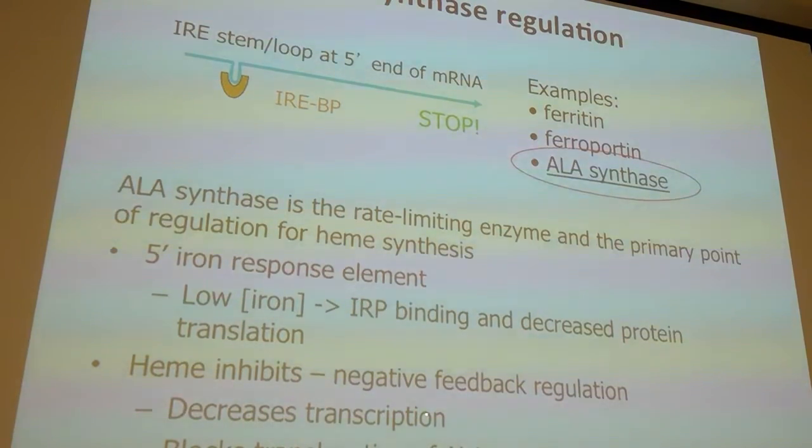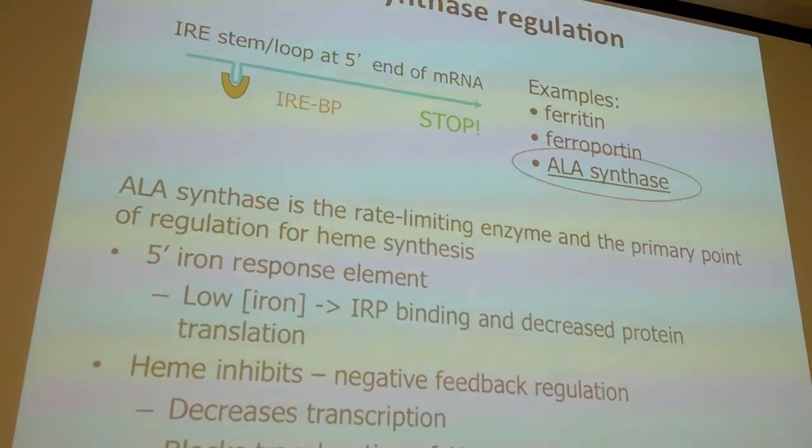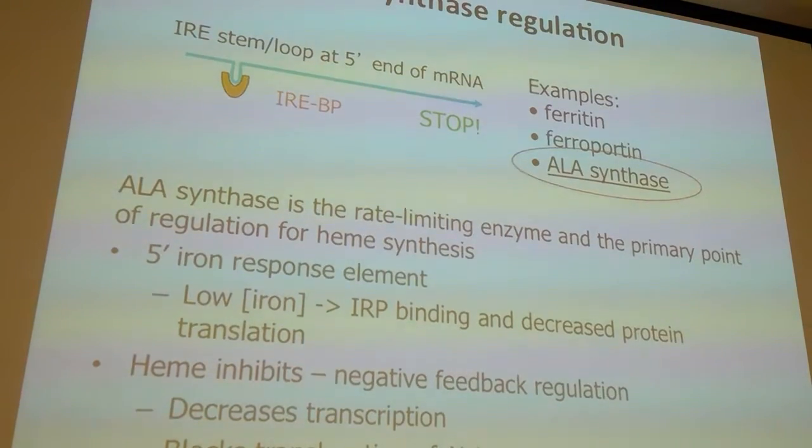So it decreases the transcription of ALA synthase, so it decreases the levels of ALA synthase, and it also blocks the translocation of ALA synthase into the mitochondria, which is the site of action where it's joining that glycine and succinyl-CoA. And so both of these will decrease overall flux through the heme synthesis pathway. So if you have low iron, you're not going to want to be synthesizing heme. If you have a ton of heme, you also have negative feedback regulation of this pathway.